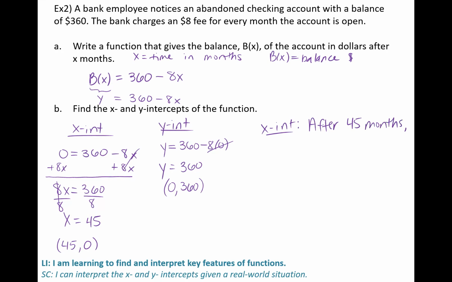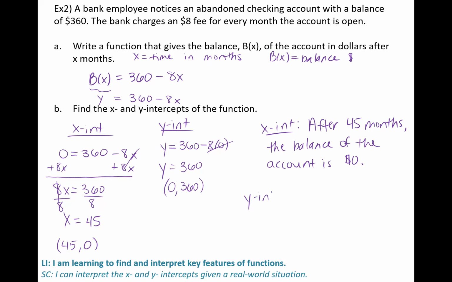And then I would need to include the y, the fact that the y value there is 0, representing the balance on the account. So I would say the balance of the account is $0. So there's my x-intercept.